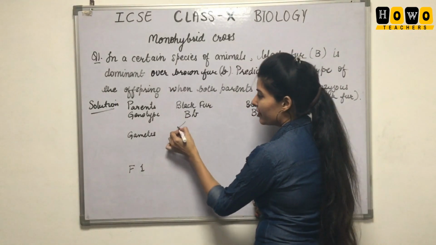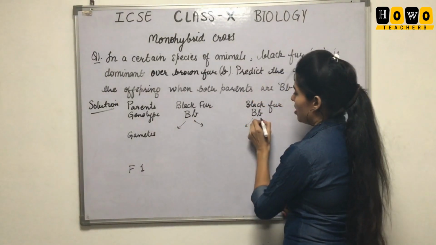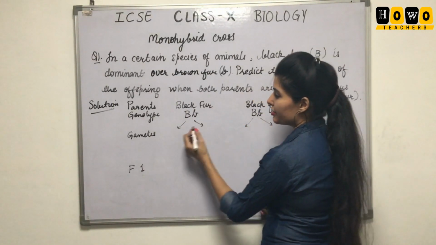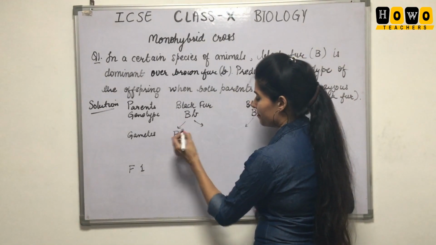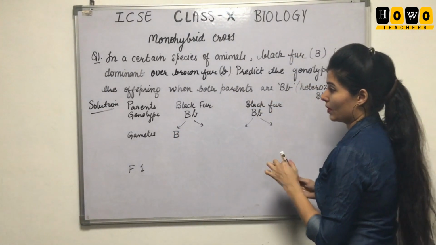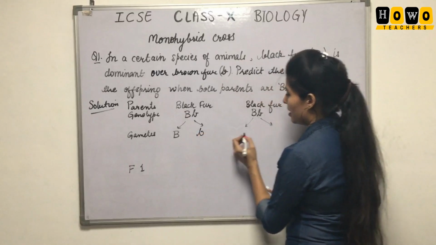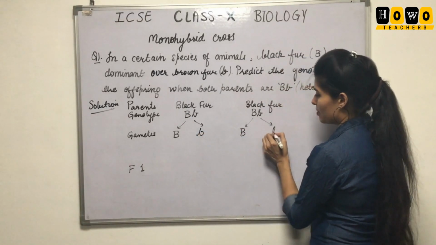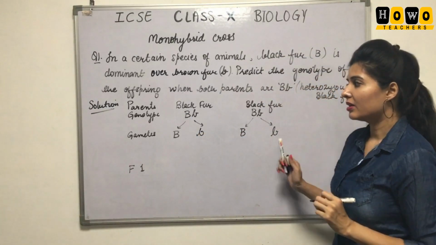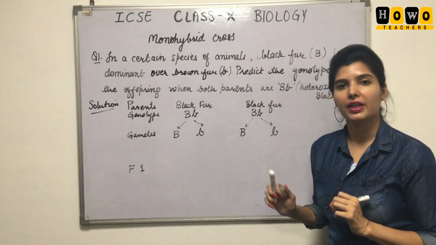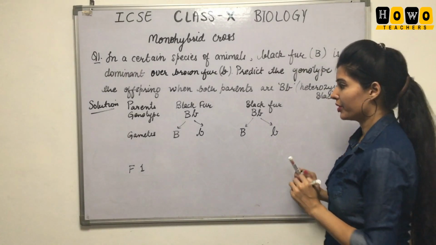The gametes that we will be getting from these conditions are capital B, small b, capital B, small b. We can either cross it directly or we can make it in the form of a Punnett square.